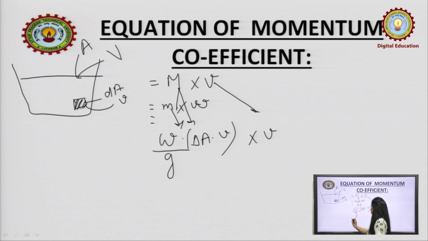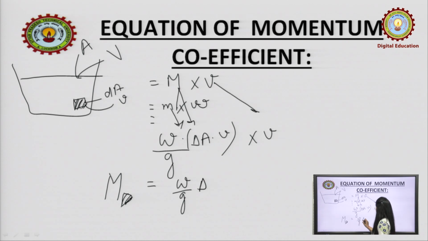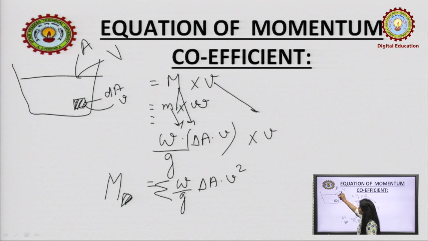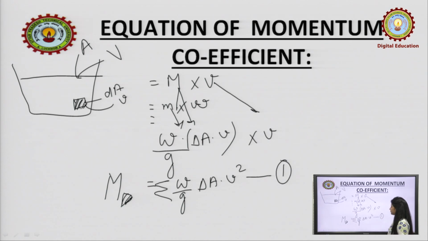Now, the momentum through this elemental portion is nothing but specific weight by g, delta A and v square. For calculating the momentum through the whole area, we can do the summation of all these elemental momenta, which gives the momentum of the whole area, and this is termed equation 1.